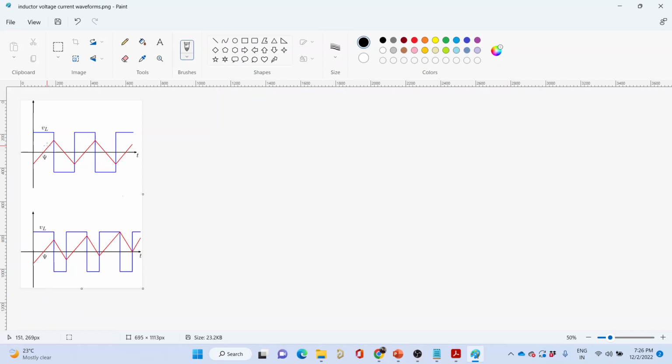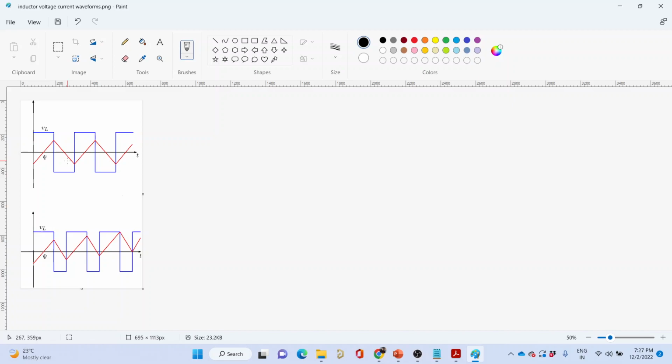Yes, Navkirti? Proportional. Proportional to what? Basically, V is equal to L di by dt, where L is N phi by I.